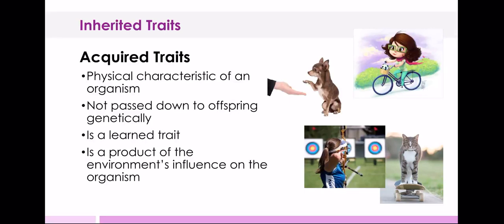They may have been good basketball players, but there's no genetic trait, no gene in your DNA for being able to play basketball. But what you may have inherited is a trait for being tall. Now, just because you're tall does not mean you're going to be good at basketball, but it could give you an advantage in learning that skill, if you see what I'm talking about there. So you can inherit certain traits that help you acquire traits better, but an acquired trait is not something you're going to inherit from a parent.